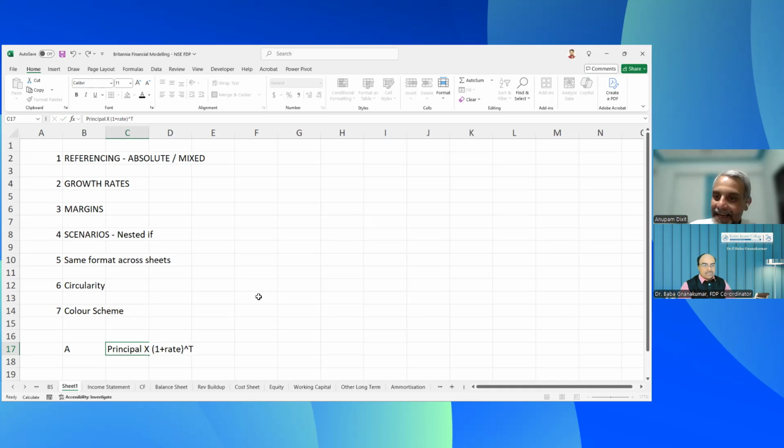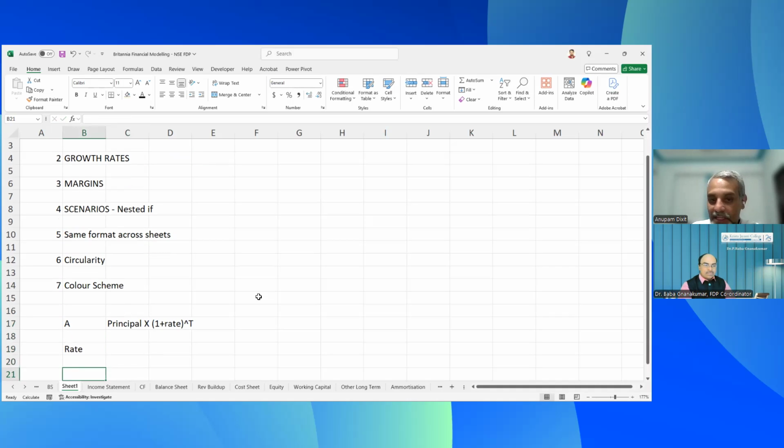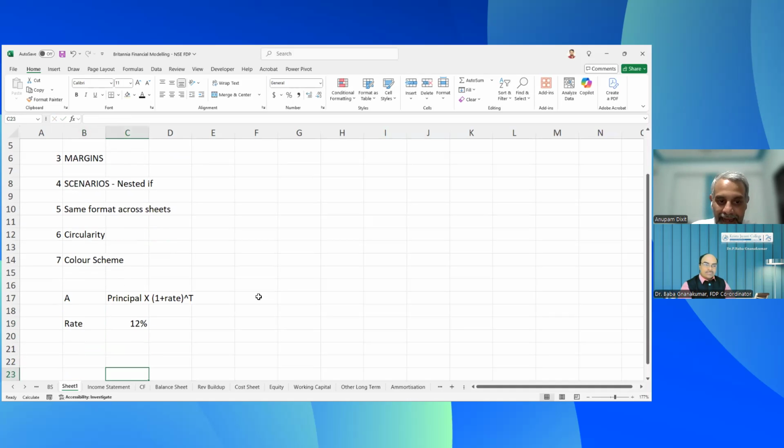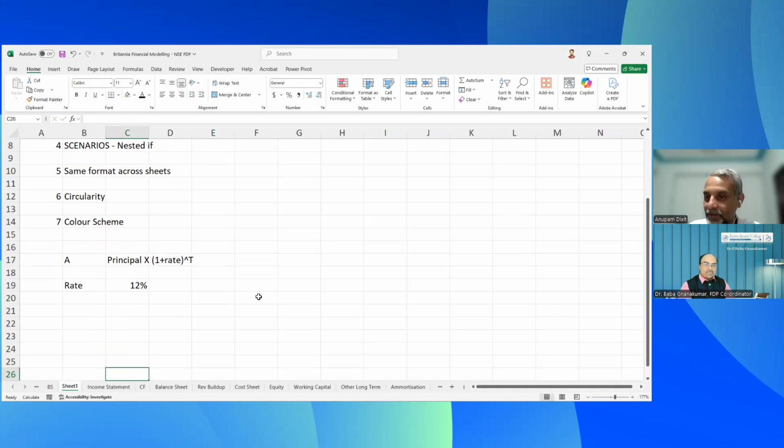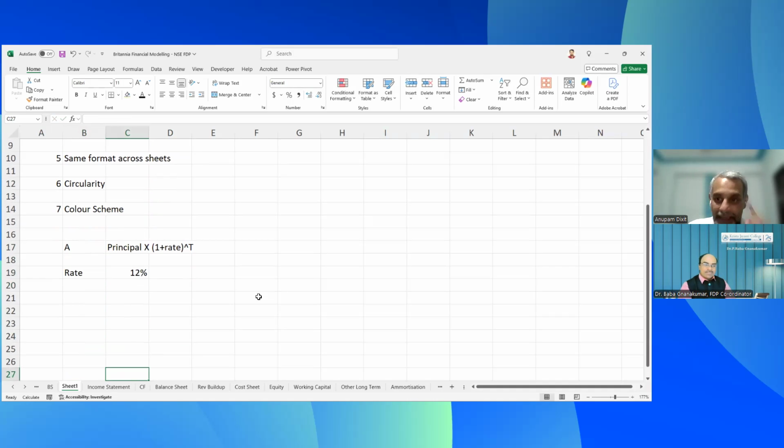This is the compound interest formula. Let's say we have a rate written here, and in this column, rate, let's say our rate is 12%, right? I hope this screen is visible to everyone. Okay, rate is 12%. We have time and principal as two variables here.